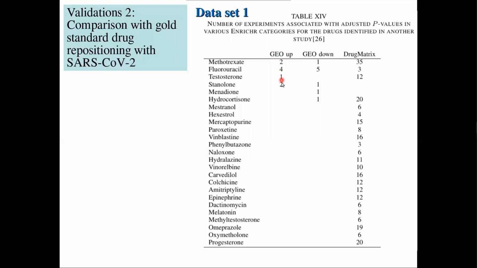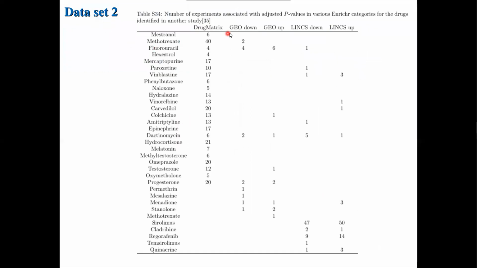The number is the number of experiments where these drugs significantly affect the genes we selected. You can see there are many experiments where these drugs can affect the genes we have selected. For dataset 2, we have also found many experiments where the drugs in the gold standard dataset can affect the genes we have selected. So also from this point of view, our selection is very reasonable.